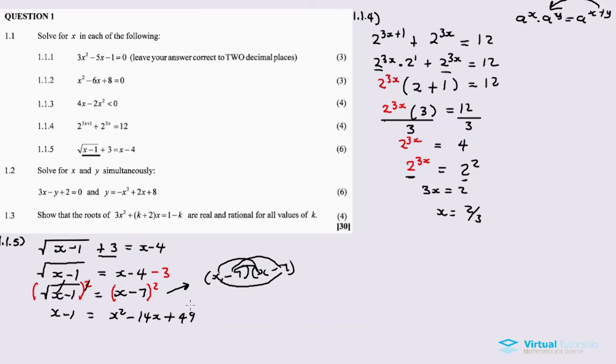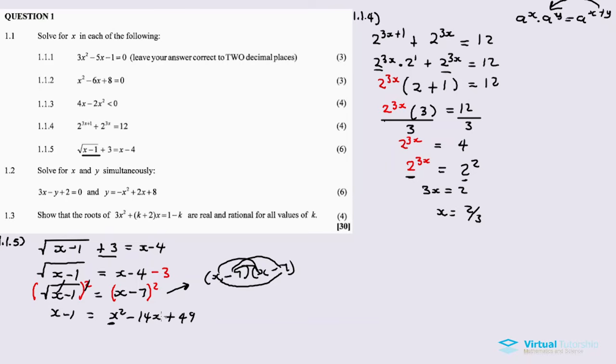Now after foiling the bracket I end up with an x squared. So it means this whole equation has been converted to a quadratic equation. So we must transpose it to the right hand side, right? Why do I bring it to the right hand side? I want my x squared to stay positive.